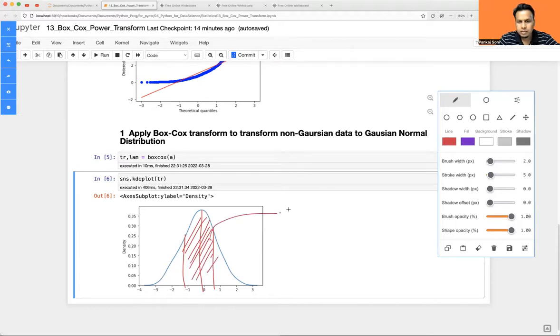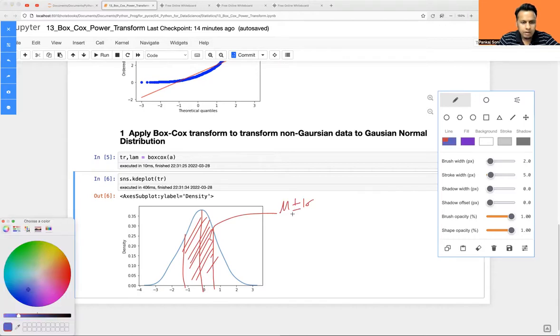Now if I talk about plus minus 2, whatever data you see here, I can clearly say mu plus minus 2 sigma, your 95% data is falling under this, and here it is 68%. And the other one is plus minus 3.